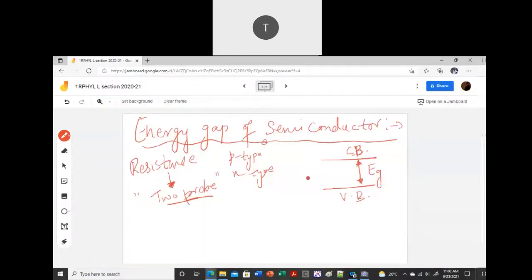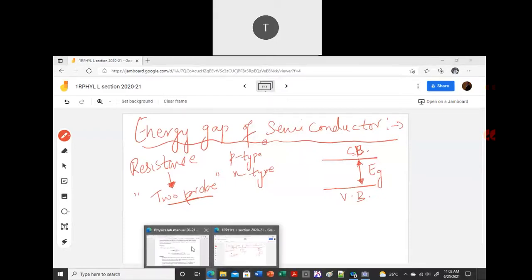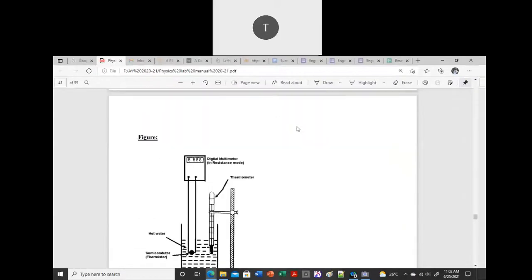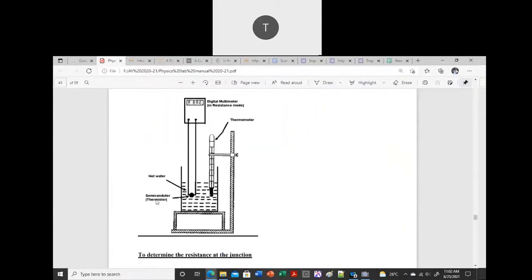Now what you're doing is trying to find the resistance at different temperatures, and then you're going to make a graph. So what is this thermistor? Before understanding that, a thermistor is a semiconductor.